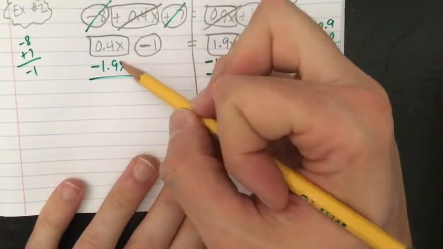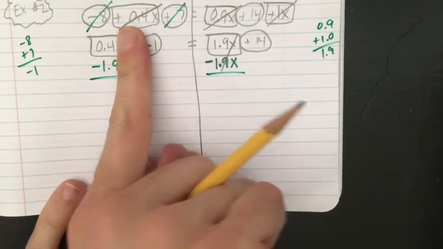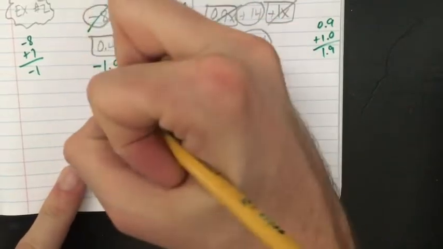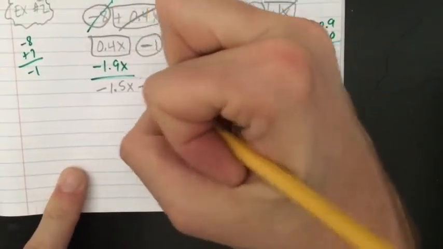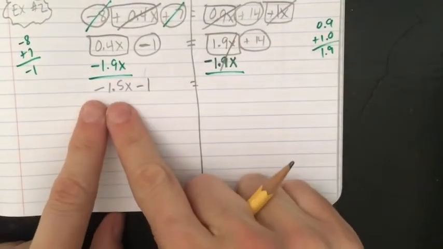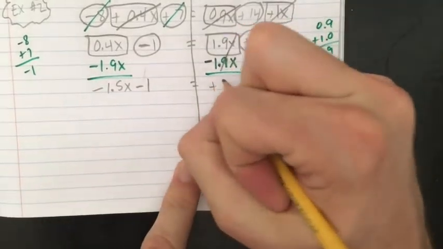And then 0.4x minus 1.9x, I would just put that in the calculator. So 0.4 minus 1.9, and I would get negative 1.5x. The negative 1 comes down, equals, so negative 1.5x minus 1 equals positive 14, okay?